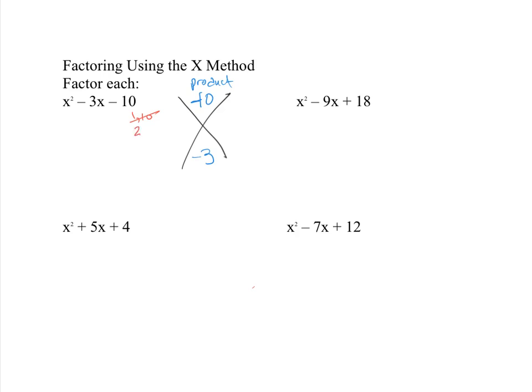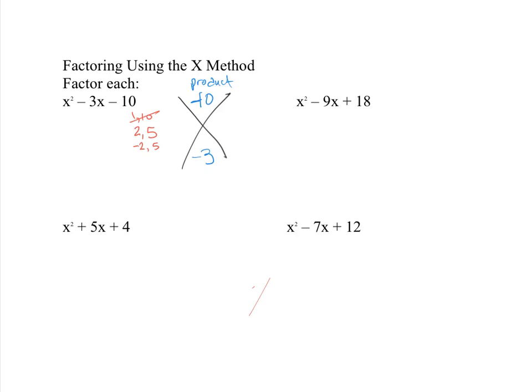Well, let's try 2 and 5. 2 times 5 is 10. Can I add 2 and 5 to get -3? Well, looks like we can. And how can we do that? If I made the 2 negative and the 5 positive, these multiply to be -10, but they do not add up to be -3.